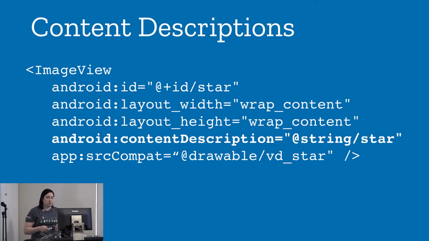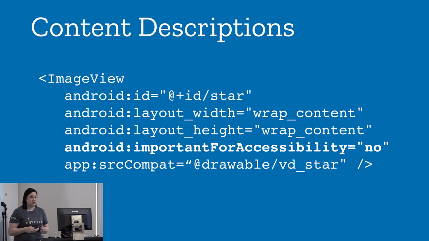So you probably all know this, the content description one. But what you probably didn't know is you actually don't always have to provide a content description. If that image is decorative, it's not necessary.